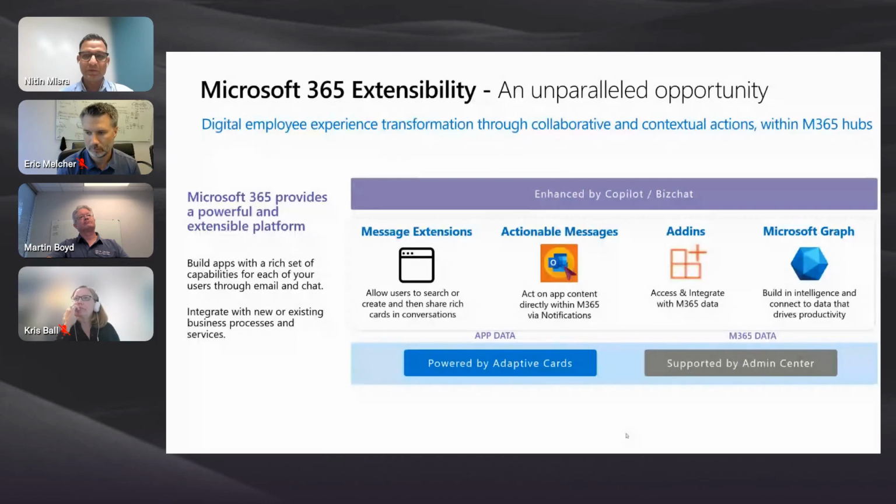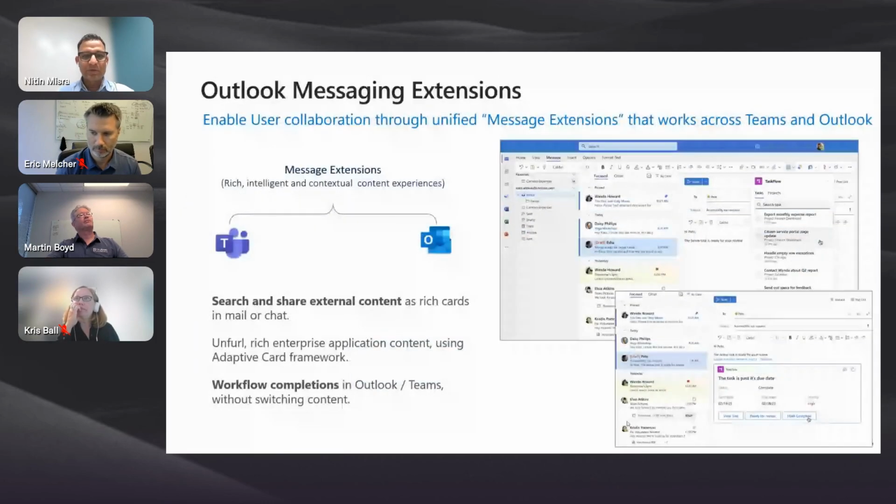We'll move ahead, Martin. So we'll talk about message extensions, considering this is a key app model which drives that extensibility notion. You can think of a message extension as a way for users to engage with the external application through calls to web services. And this construct is available both on Outlook and Teams. With this capability, users can query or post information from an external service and share that information in the form of cards right into a message.